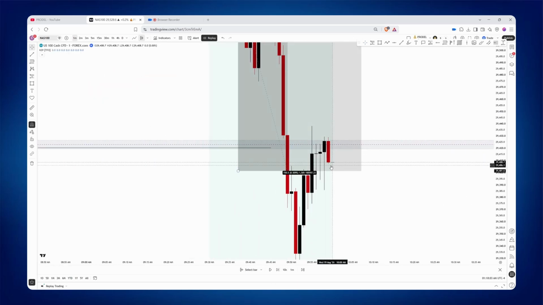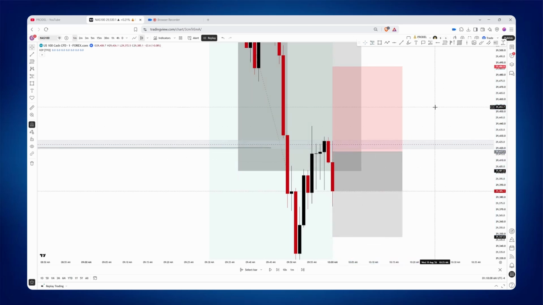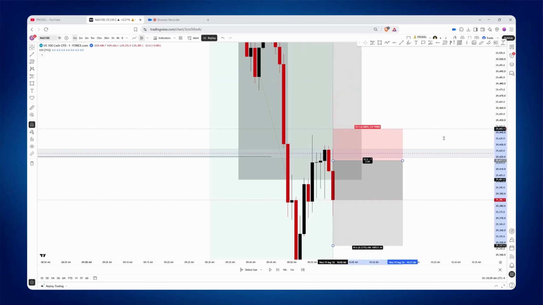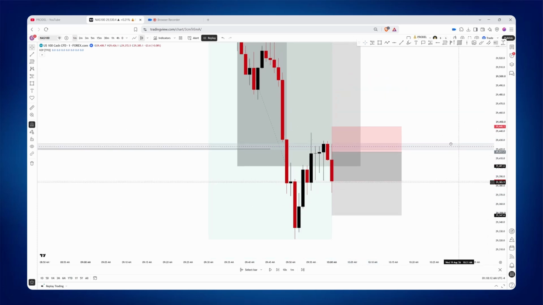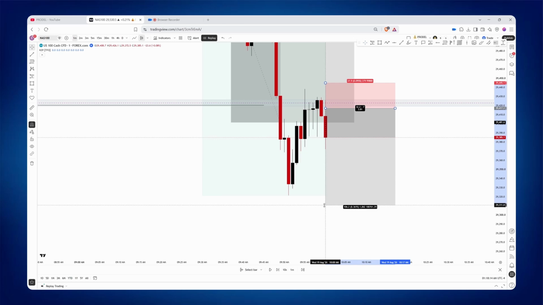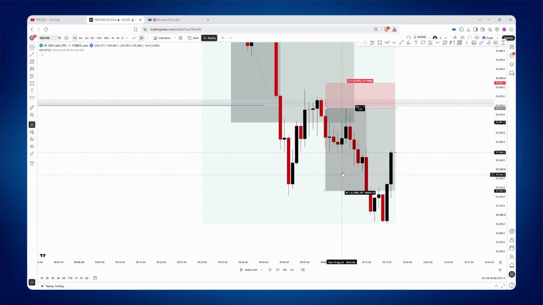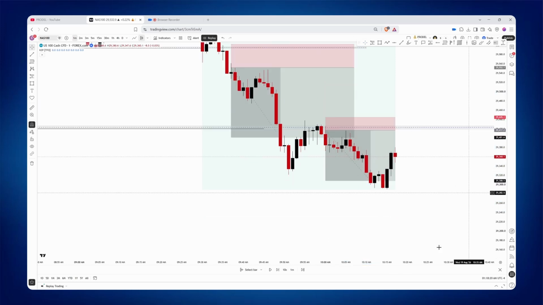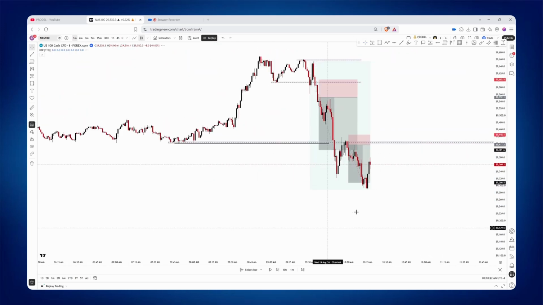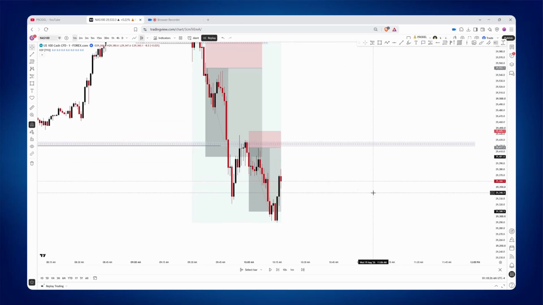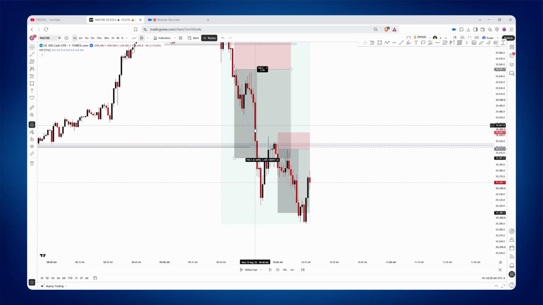Wait for the bearish candle, because we are just looking for the bearish trade, and take the trade at the retracement like this, with SL slightly above the high, and take 1:3 RR like this. It hit perfectly 1:3 RR, and these are the two trades that I took. After that, these are the two TPs that I booked perfectly.